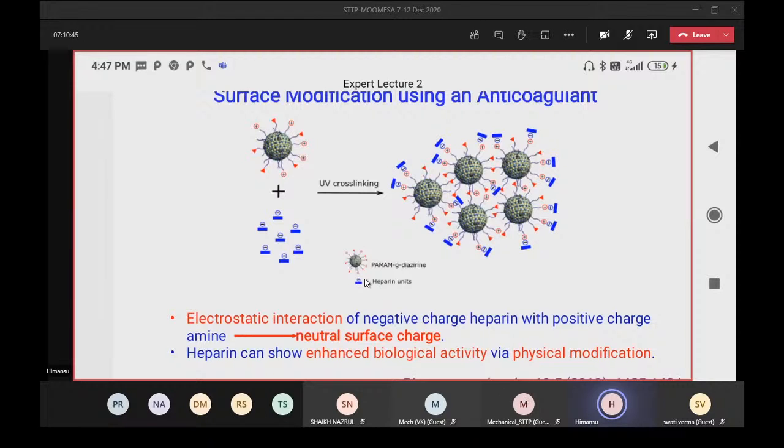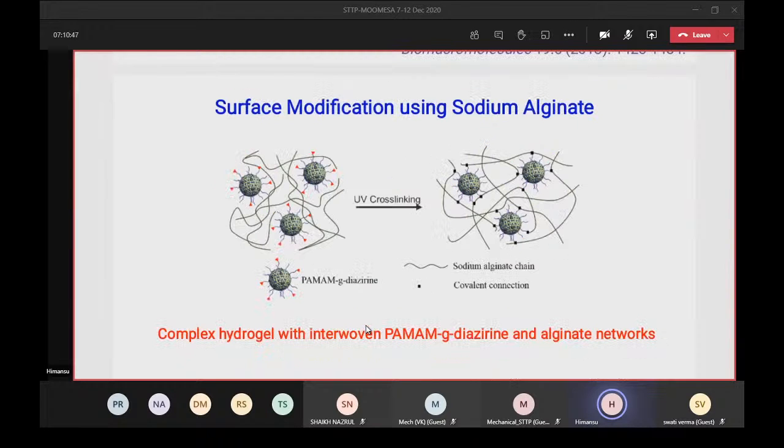The third hypothesis is that we have the bioadhesive, that is PAMMG diazirine, and we can also use alginate chains. Sodium has the positive charge, and alginate has the negative charge.